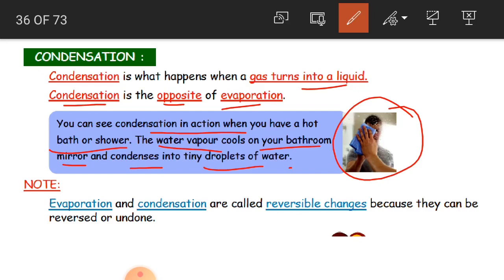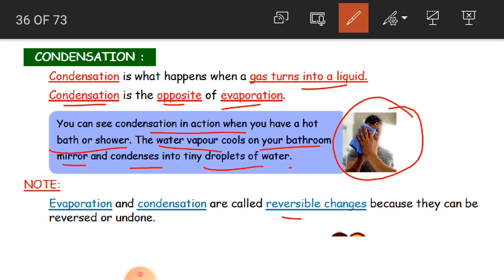Why? Because the hot water has cooled down, and because of condensation it forms tiny droplets of water. Clear children?